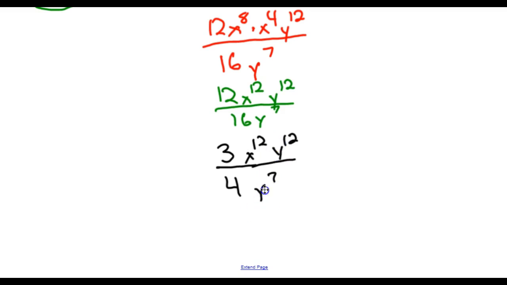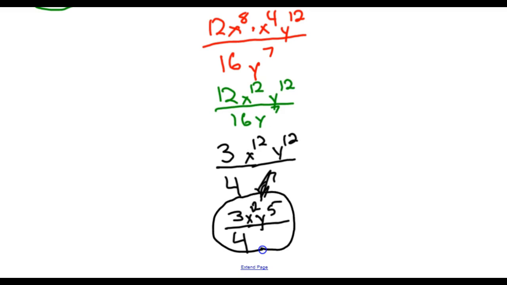I see that I have y's on the top and bottom, so I'm going to subtract that. 12 minus 7 gives me 5, so 3 over 4, y to the 5th on top. Now I got rid of the y's on the bottom. We also have x to the 12th power. So our answer is this. We just have 4 on the bottom.